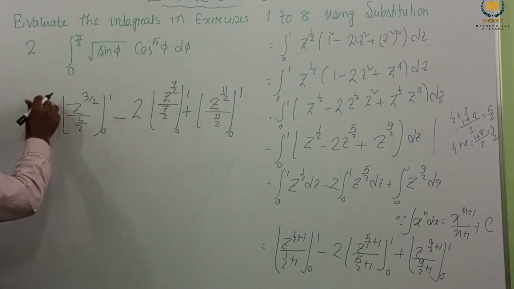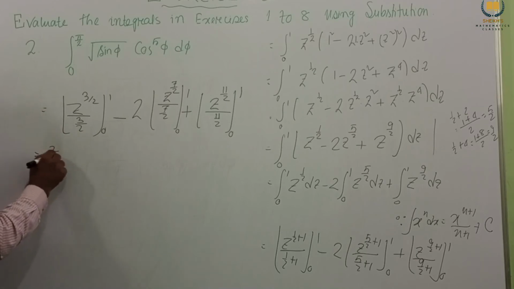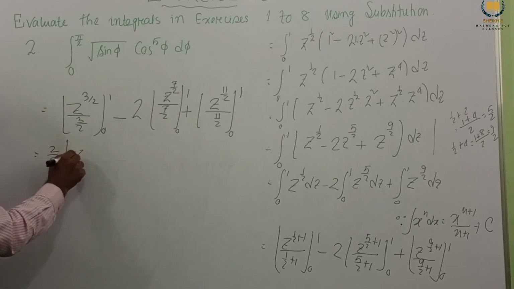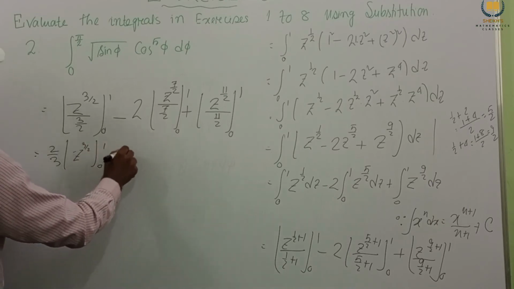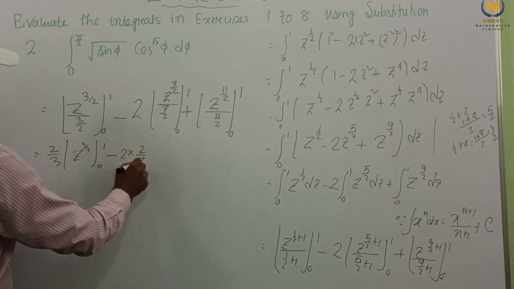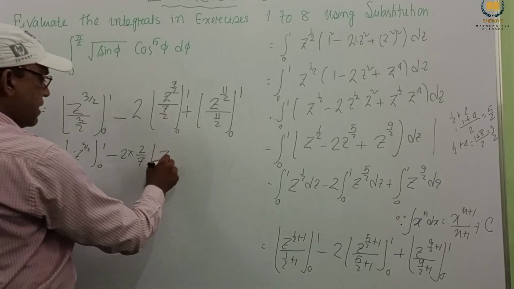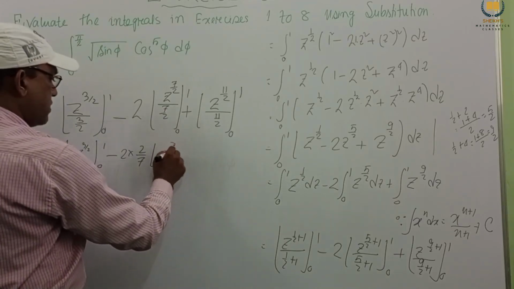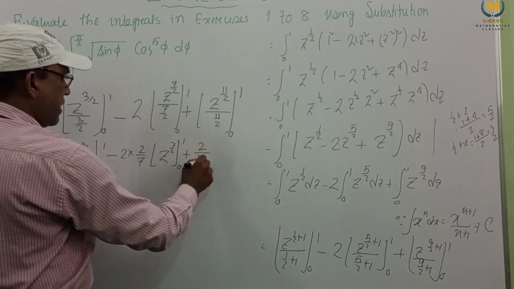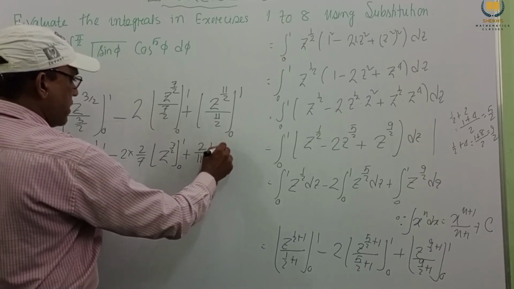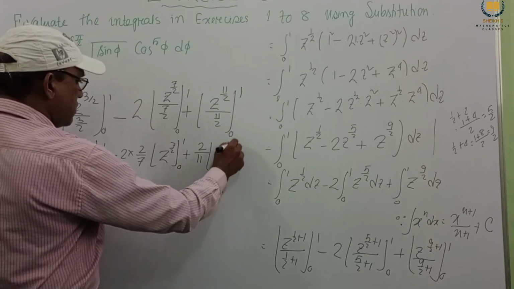Now this becomes in numerator 2 by 3 z to the power 3 by 2, 0 to 1, minus 2 into 2 by 7 z to the power 7 by 2, 0 to 1, plus 2 by 11 z to the power 11 by 2, 0 to 1.